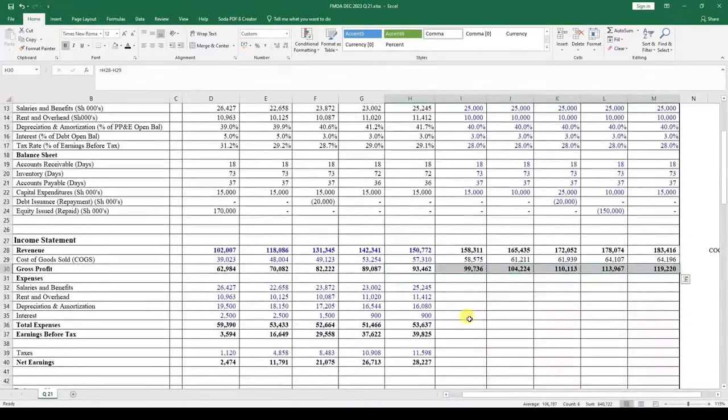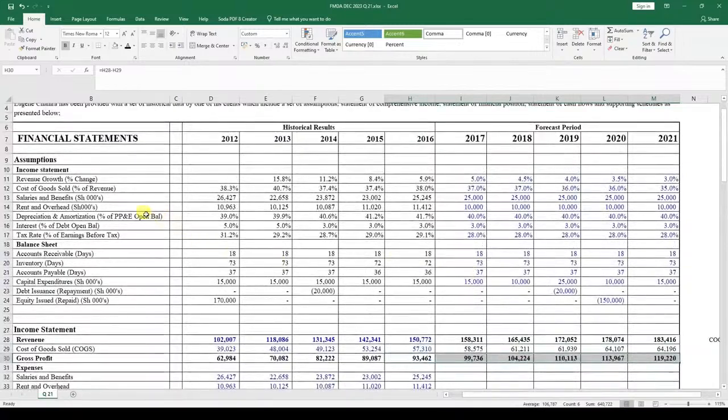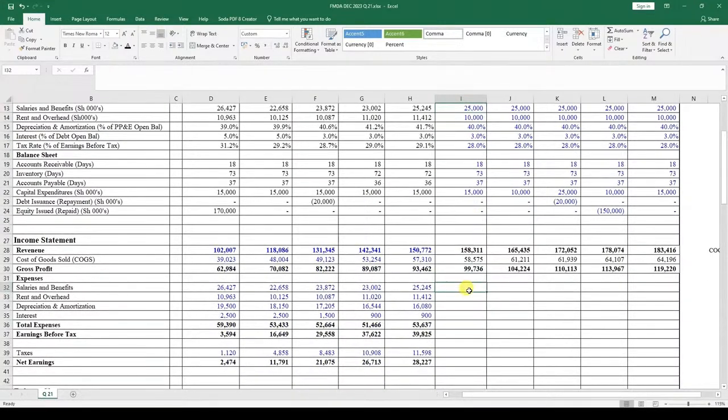Now we move on to the expenses down here. For the salaries and benefits, what are we told as far as the assumptions are concerned? We are told that the salaries and benefits are given to us in shillings, 25,000 all through like that. And here we're saying it's going to remain as 10,000 in terms of the depreciation component. Because they're following each other like that, and these are considered to be fixed costs, we just pick them from above.